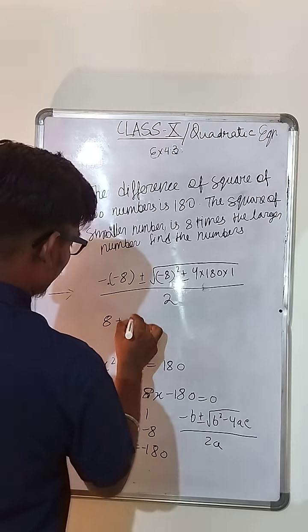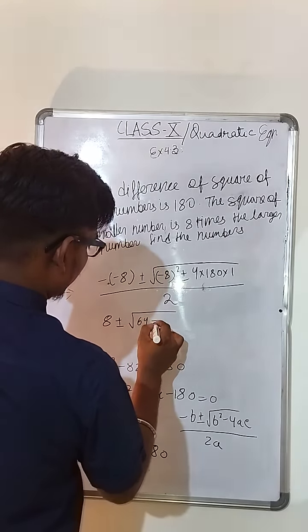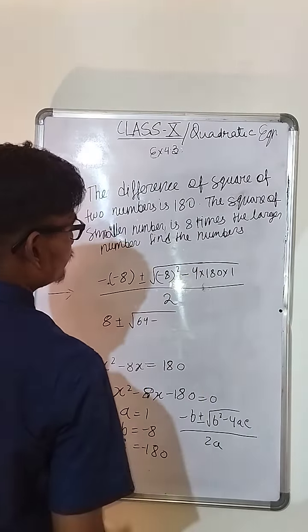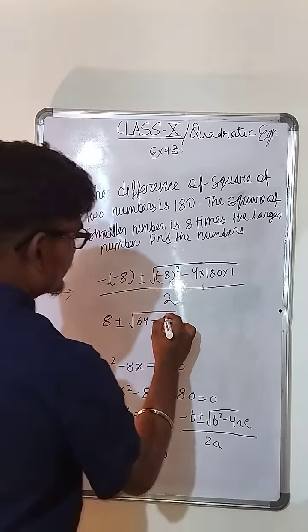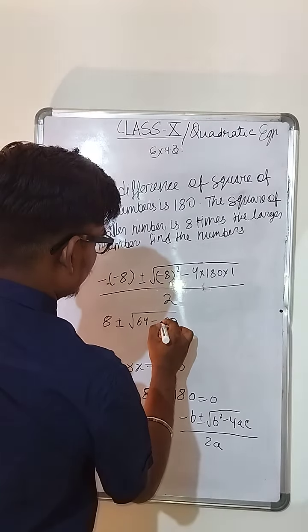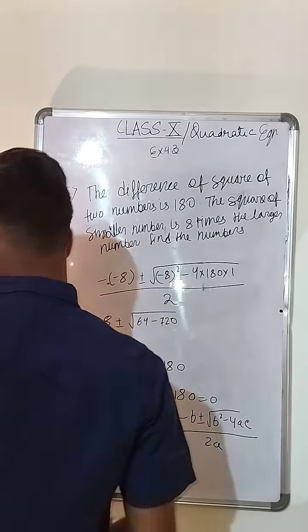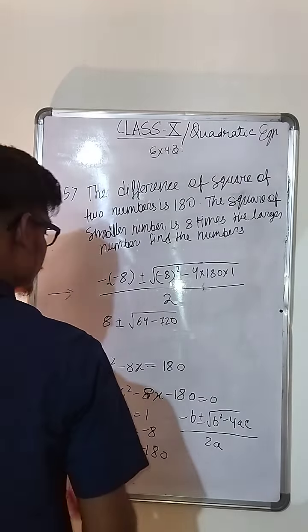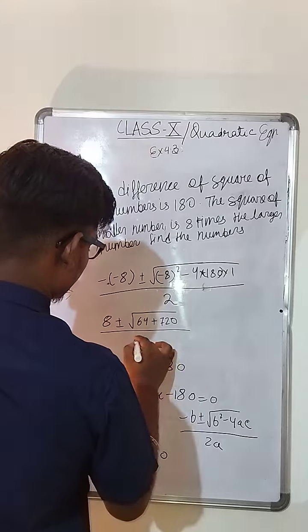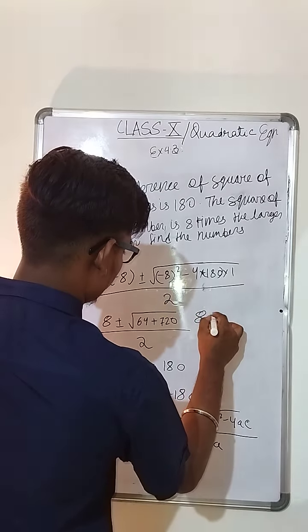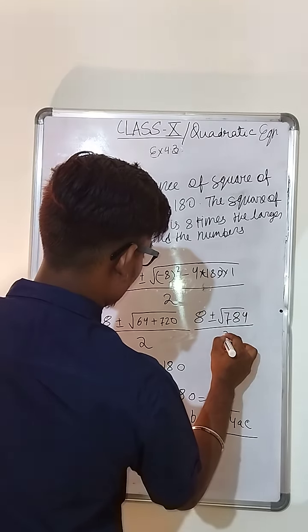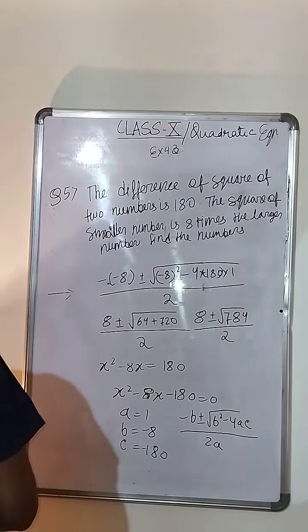So 8 plus minus root over 64 plus 720, since minus 180 makes it plus here, so 8 plus minus root over 784, divided by 2.